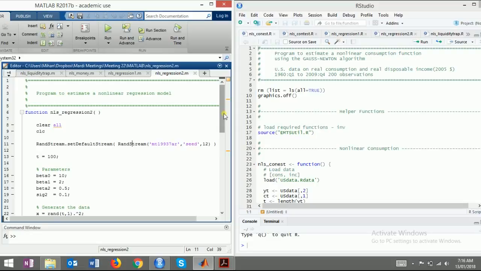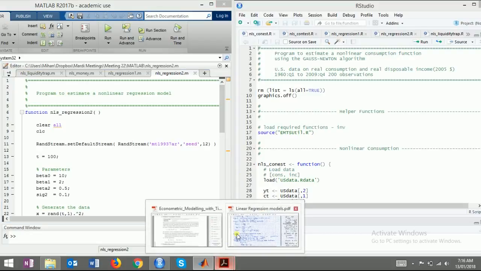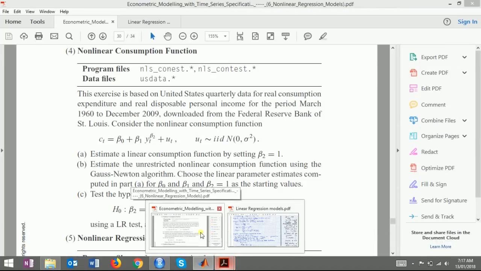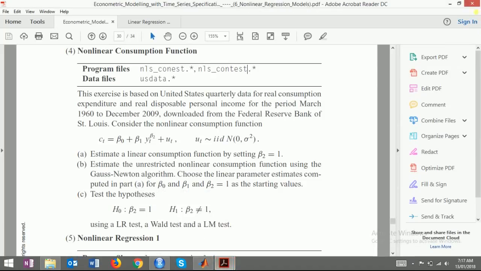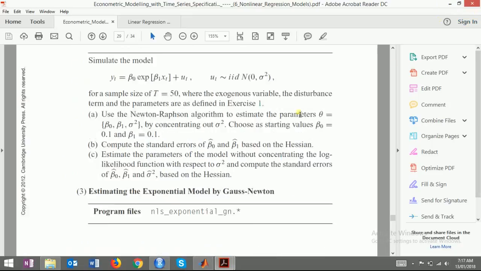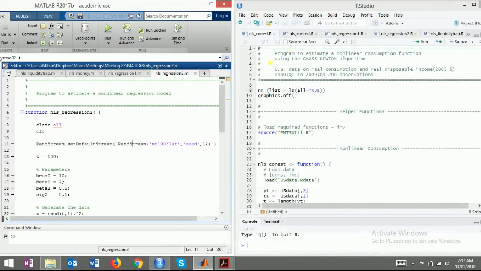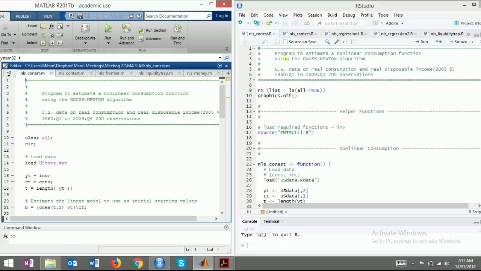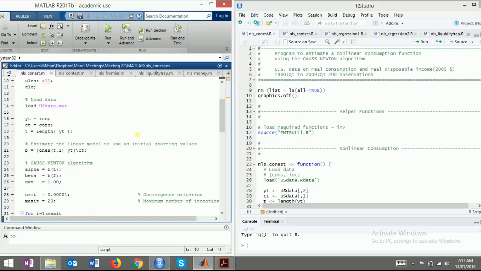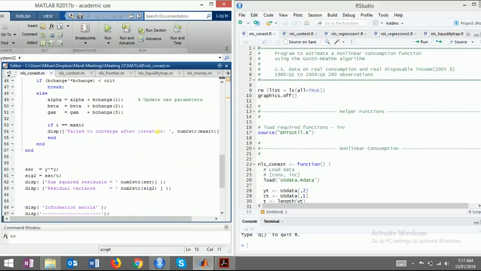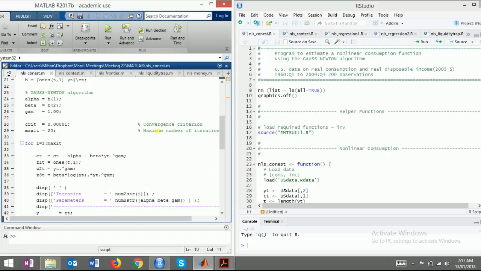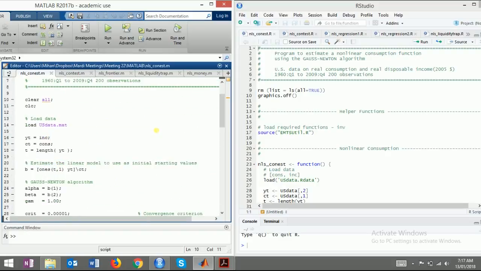We have done this problem in NLS conest and NLS contest. First we'll look into conest. Let's see if we have any local functions. No, we don't have any local functions. So we load the data.